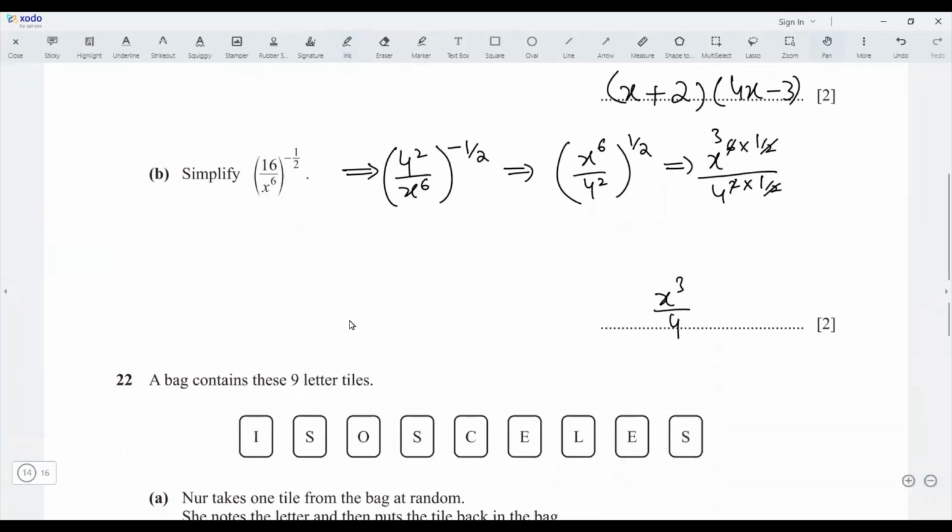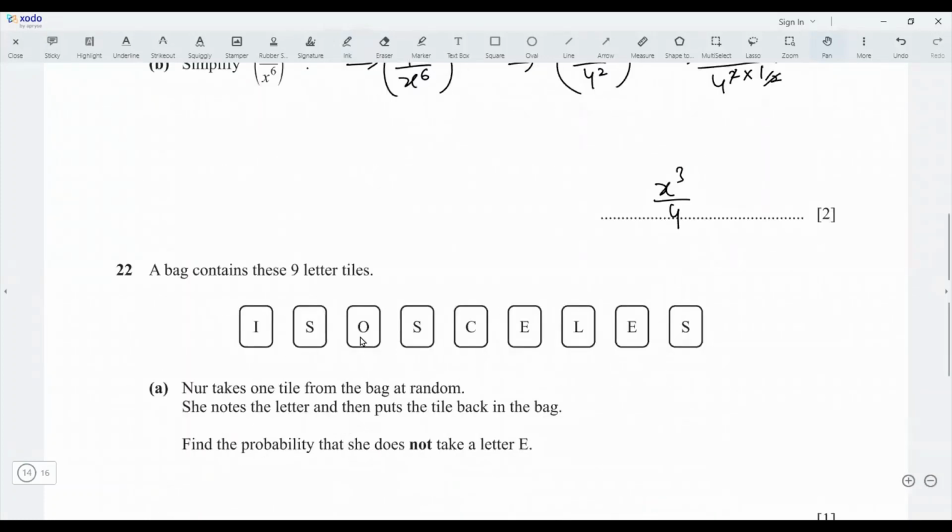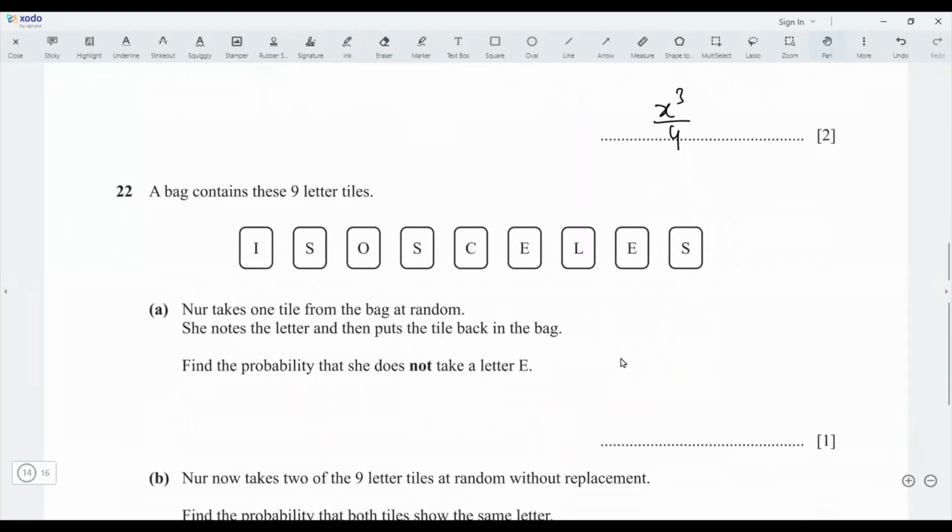In the next question, a bag contains 9 letter tiles, ISOSCELES, written I, S, and similarly it goes on till S. So what we have to do: Noor takes one tile from the bag at random. She notes the letter and then puts the tile back in the bag, meaning she has taken and replaced it. So find the probability that she does not take a letter E. Does not take letter E, basically we have to just look at the tiles.